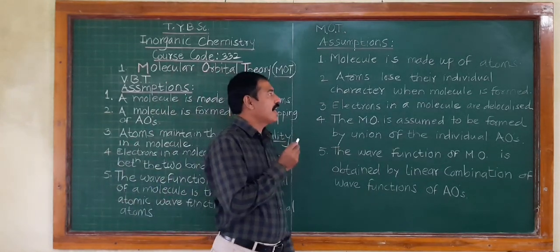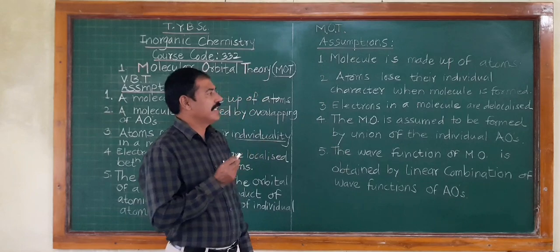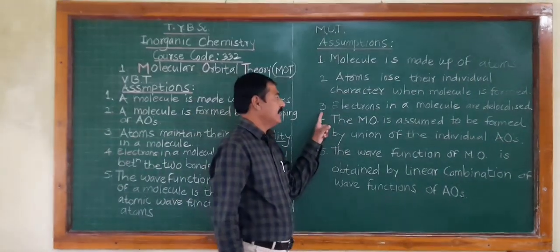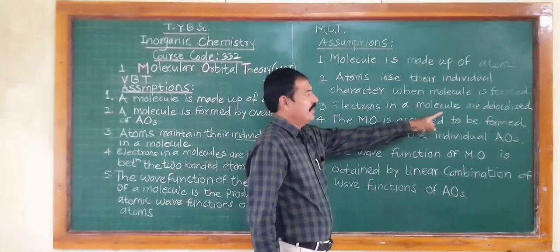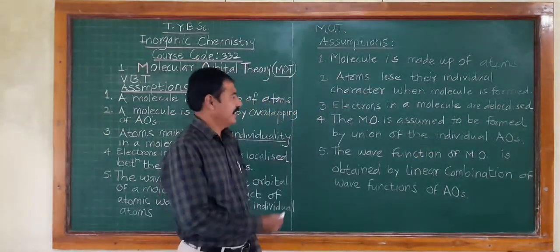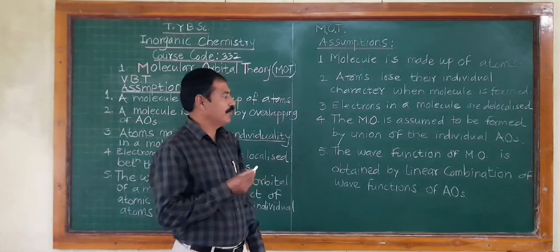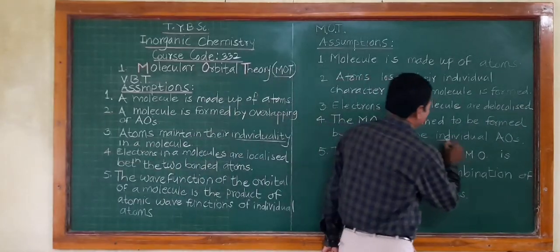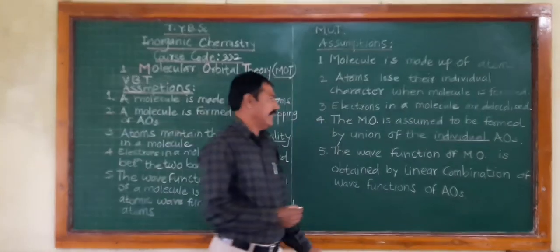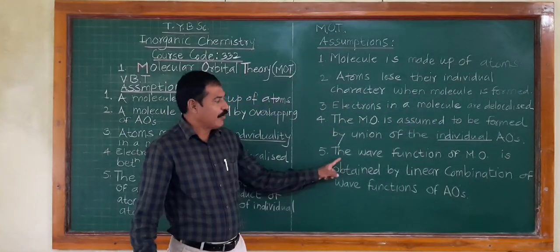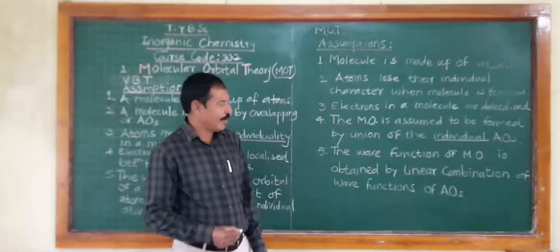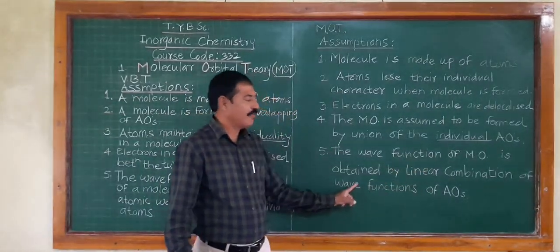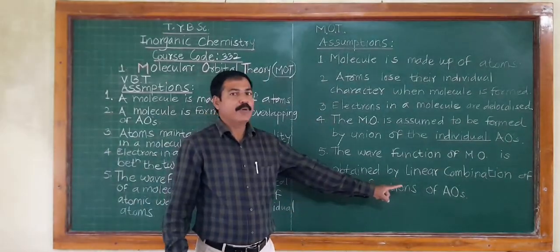Second, atoms lose their individual character when a molecule is formed. Third, electrons in a molecule are delocalized. The MO is assumed to be formed by union of individual atomic orbitals. And the last assumption: the wave function of a molecular orbital is obtained by linear combination of the wave functions of AOs.